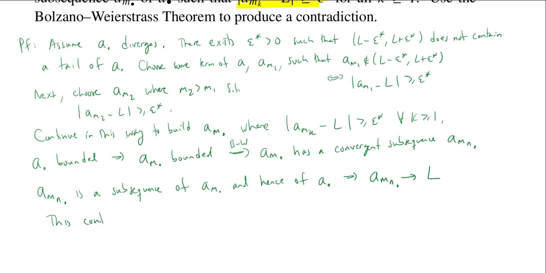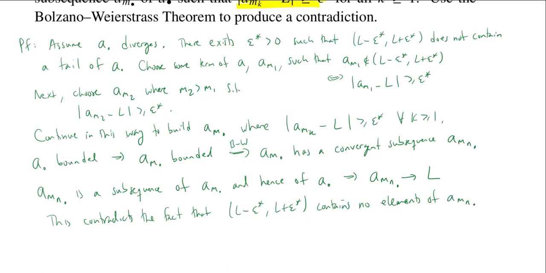This contradicts the fact that the L coin of radius epsilon star, (L minus epsilon star, L plus epsilon star), doesn't just not contain a tail, it contains no elements of A_MN dot.